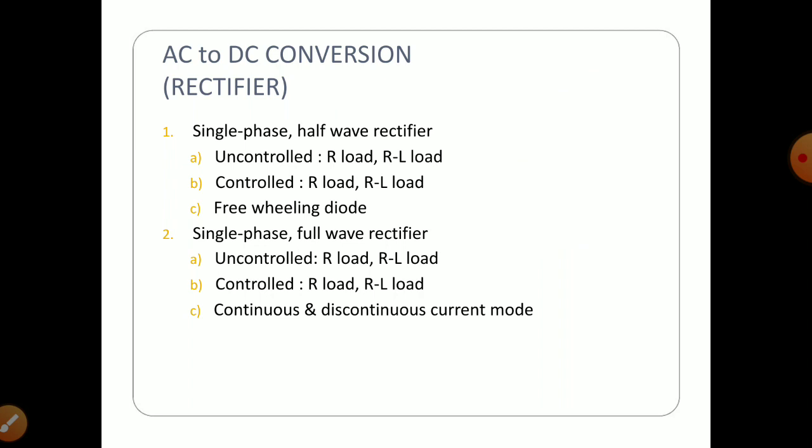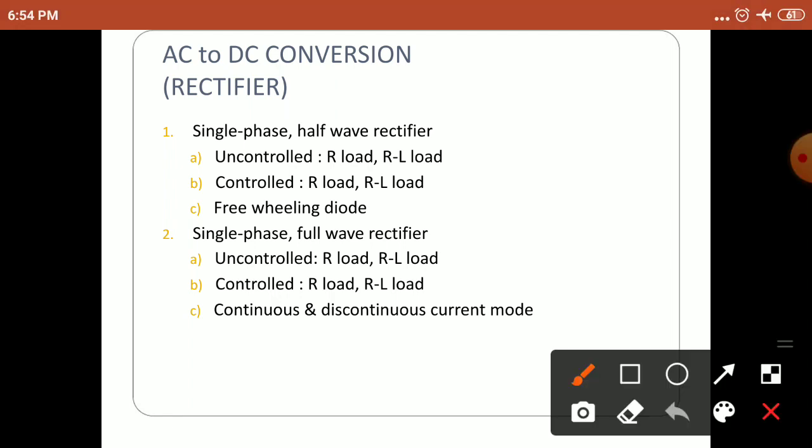So, controlled rectifier and uncontrolled rectifier. What is the difference between the controlled and uncontrolled rectifier? In the uncontrolled rectifier, the switches used are diodes. In the controlled rectifiers, SCRs are used. The operation of the SCRs can be controlled, whereas the operation of the diodes cannot be controlled.